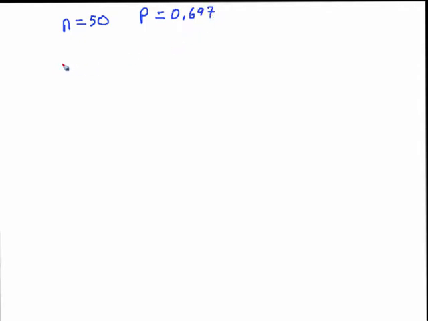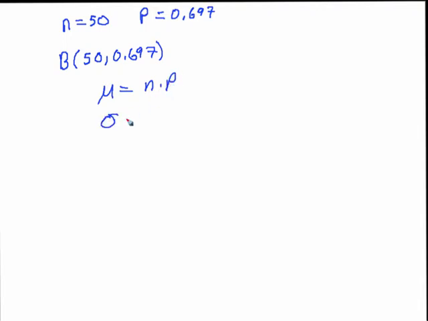Okay, a couple other things we need to know: if you're given a binomial random variable, in other words, ours is n by p, 50 by 0.697, then you know the mean, or the expected value. That's a key word there. When you see "what would you expect," you should be thinking the mean. That's equal to n times p.